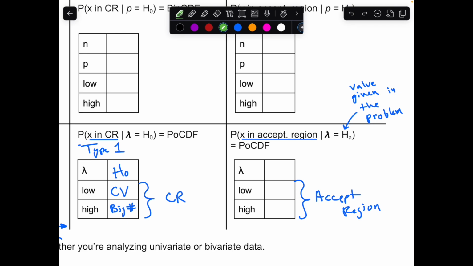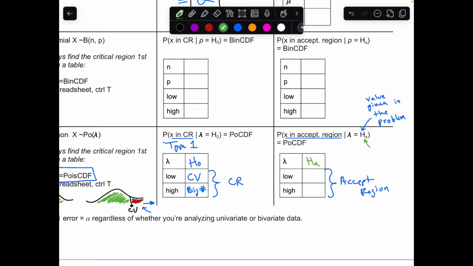And we're going to be using a value given in the problem for the true lambda, the true mean rate of this distribution. The wording might be something like, further testing revealed that the true value of lambda is such and such, or unbeknownst to you, the true value of lambda is this. And so that is what you would put in for lambda on this Poisson CDF.